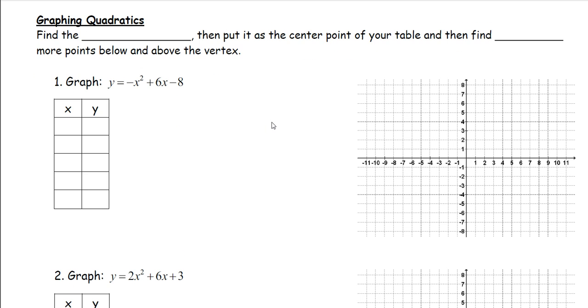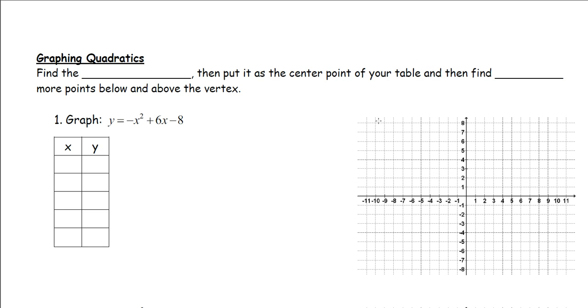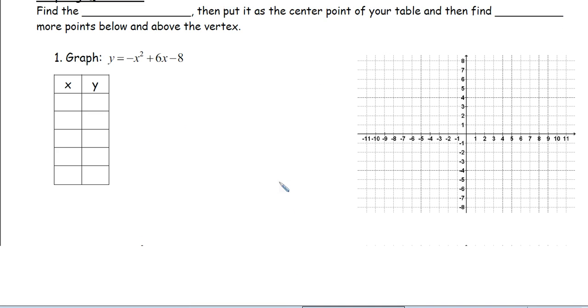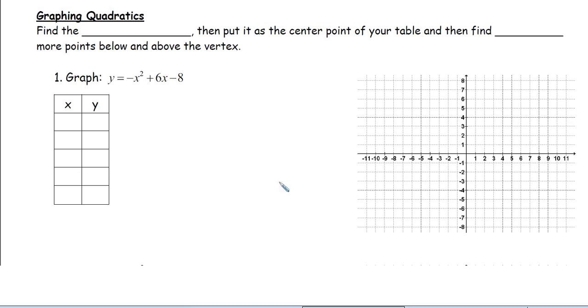So how do we graph these functions? So first we're going to have some steps. We're going to first find the vertex, then put it as the center point of your table, and then find two more points below and above the vertex.